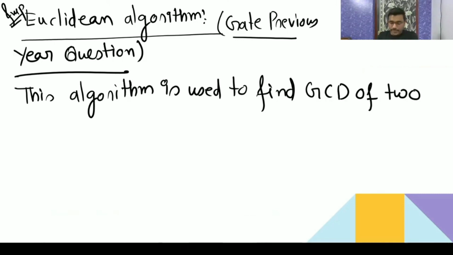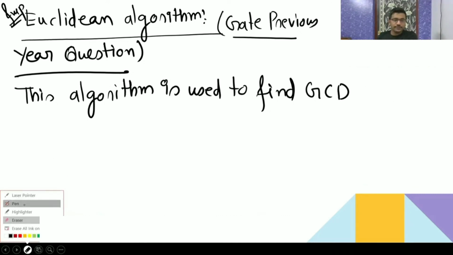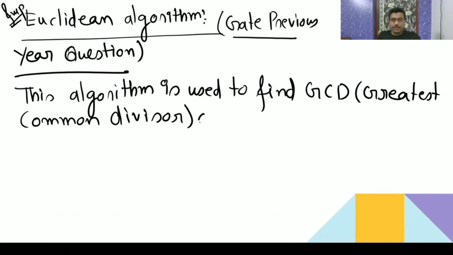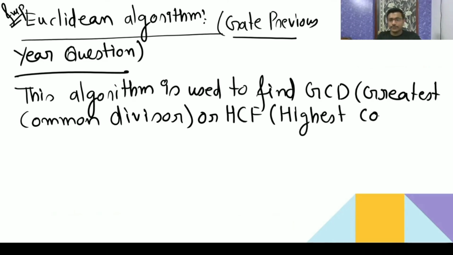GCD, or you can say HCF. GCD means greatest common divisor, or HCF, highest common factor of two numbers.